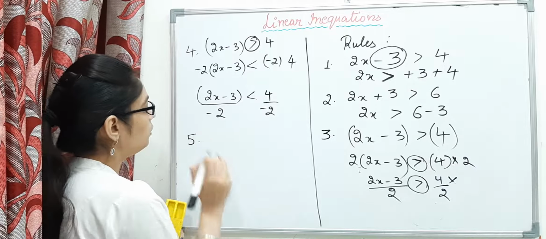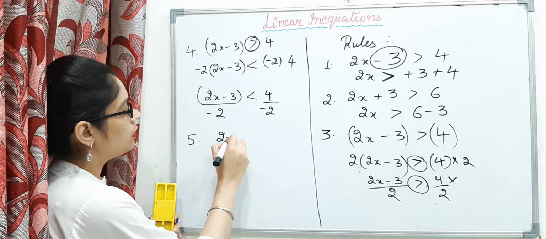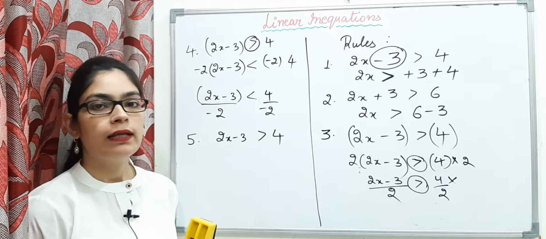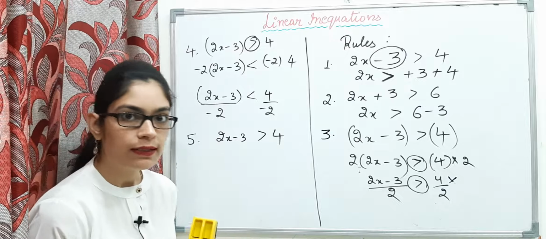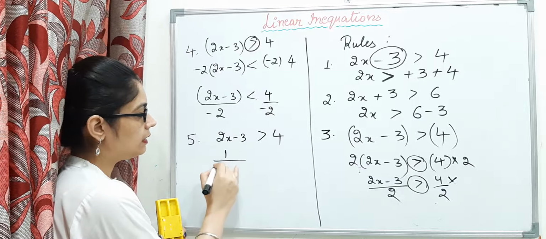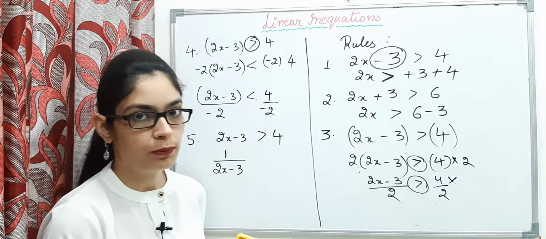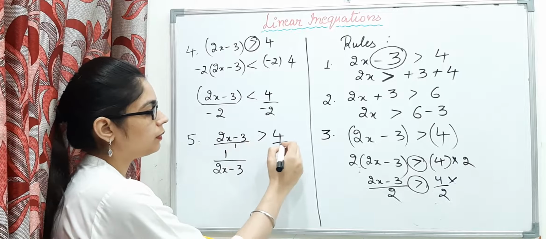Then the fifth rule. I have the inequation 2x minus 3 greater than 4. If I take the reciprocal of both sides of the given linear inequation, reciprocal means interchanging numerator and denominator. Here nothing is written, that means 1 is there.